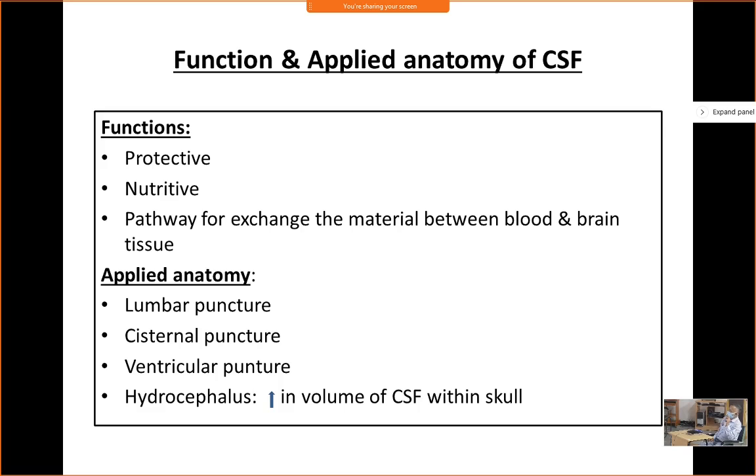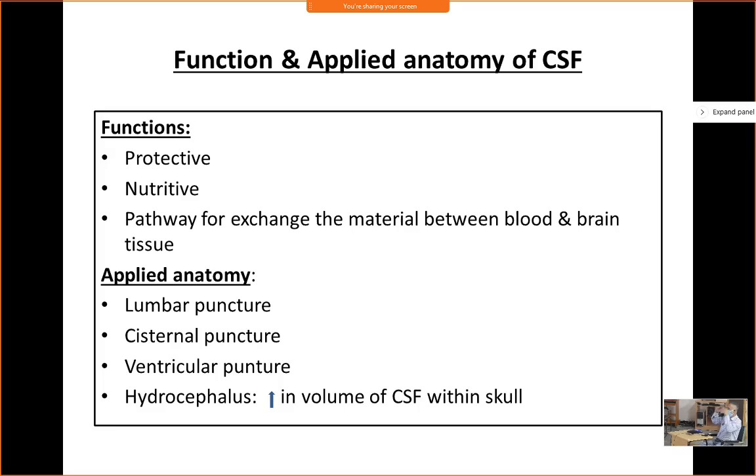Then what is the function of CSF? It is protective. How is it protecting? It acts as a shock absorber. Otherwise, what will happen when some sudden jerky movement is produced? The brain will directly hit the cranial bone and ultimately the brain will get damaged.